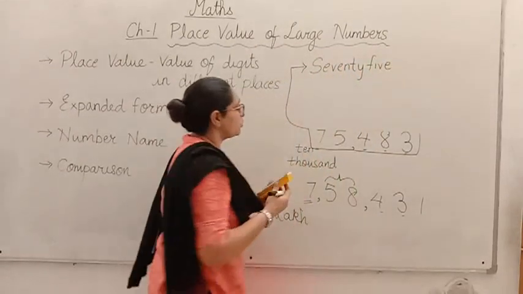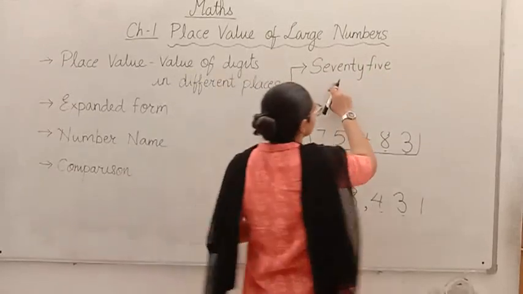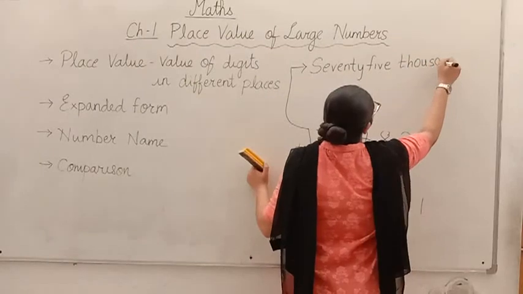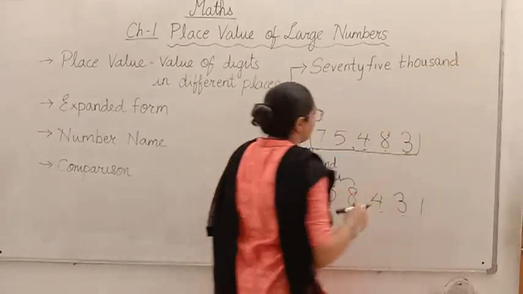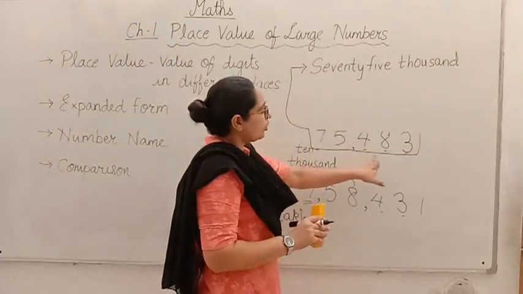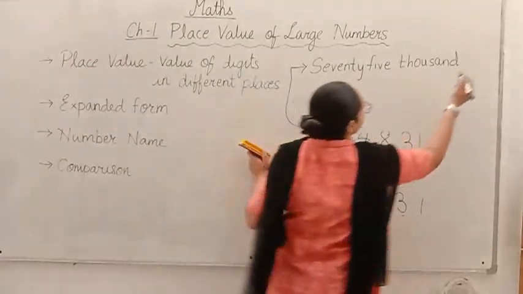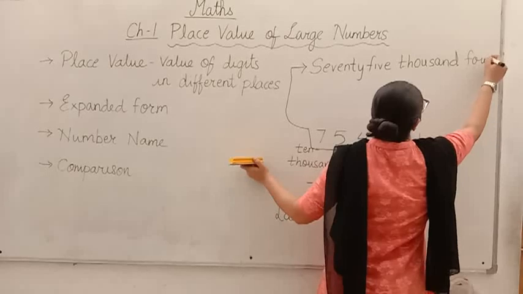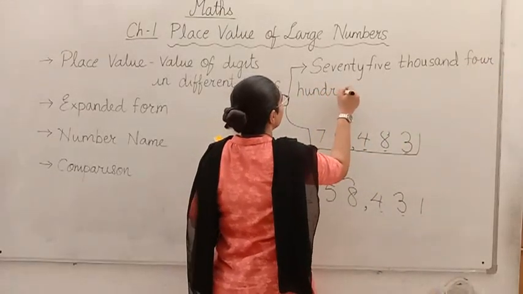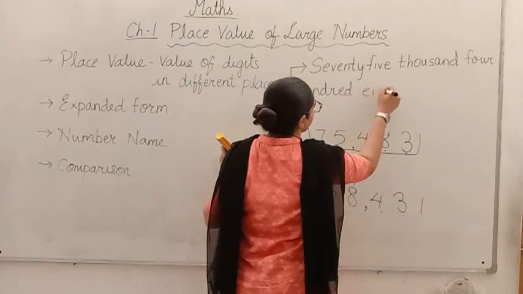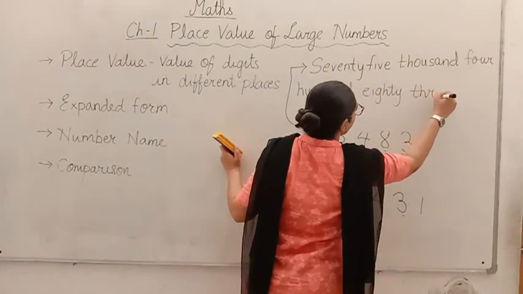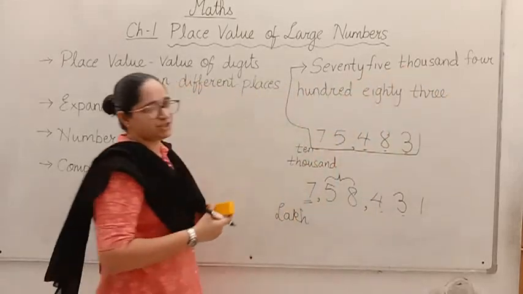And since this group belongs to thousand, so 75,000. After that, similar to what we have done before, 483. So 483. This is how you number name a 5-digit number.